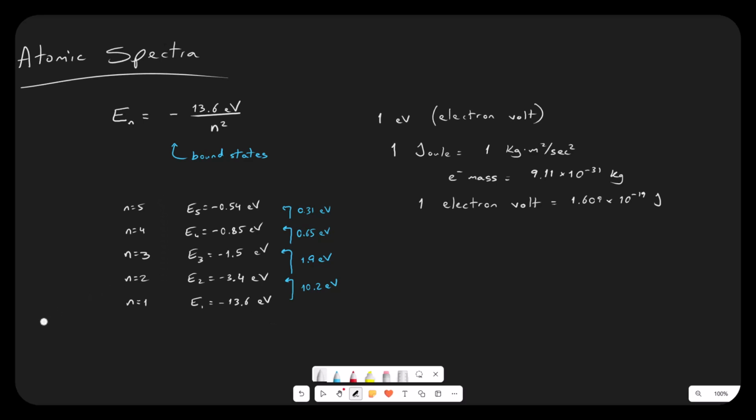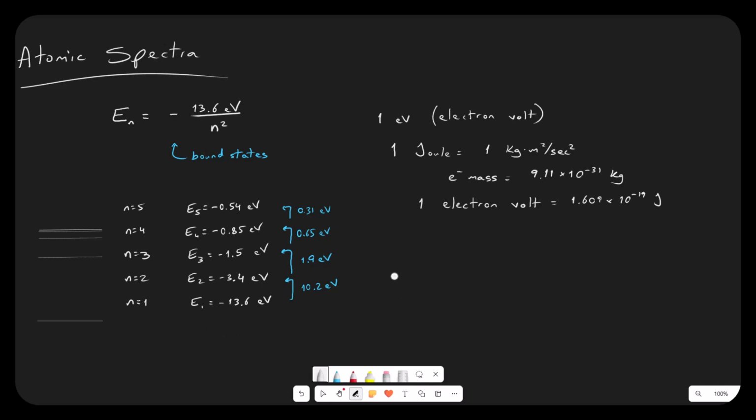When we draw these energy levels, we usually draw an n equals 1 here, n equals 2, 3, 4, 5, to where eventually these are getting really close together. We want to be able to move an electron from one energy level to another, and that's what we do.